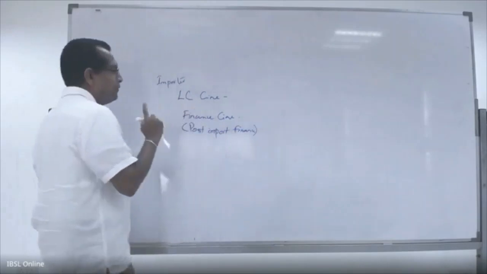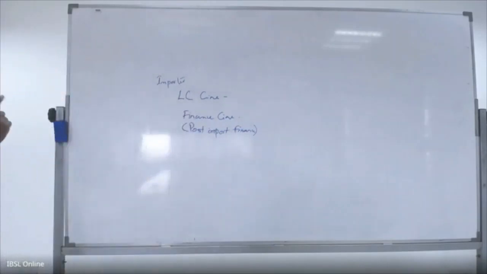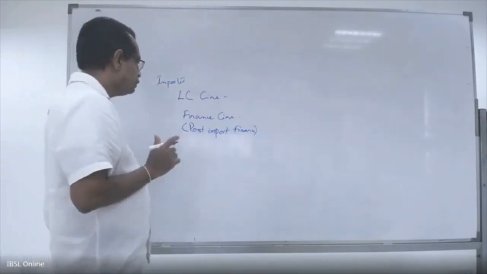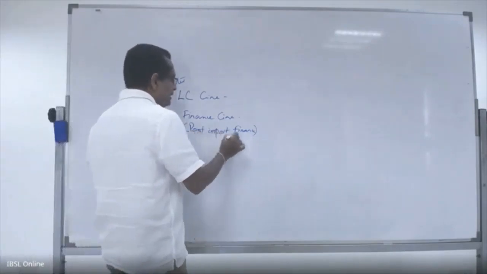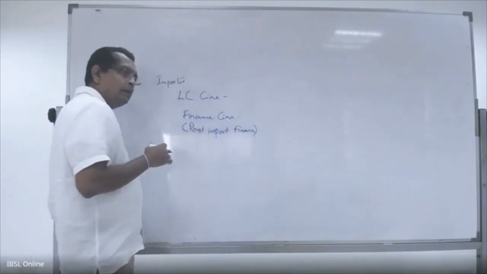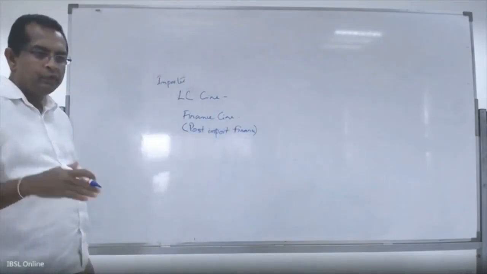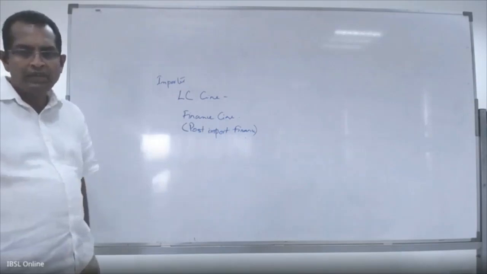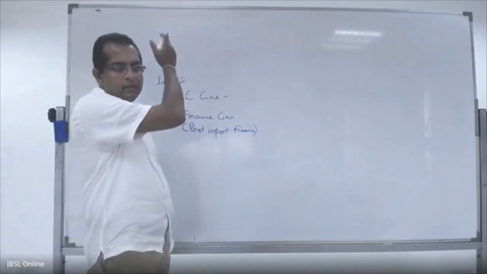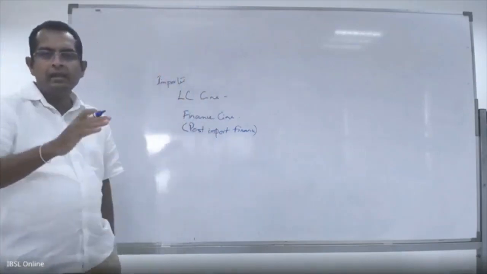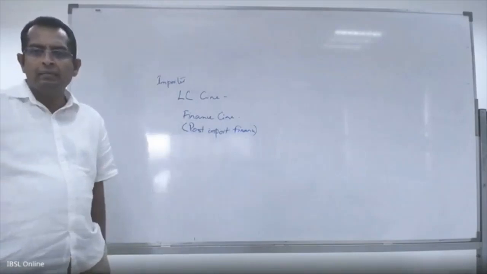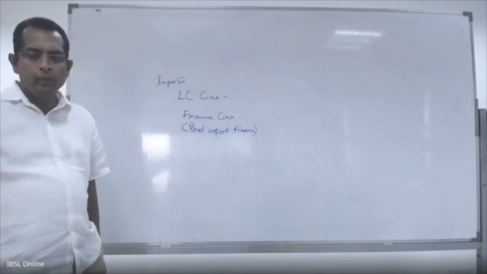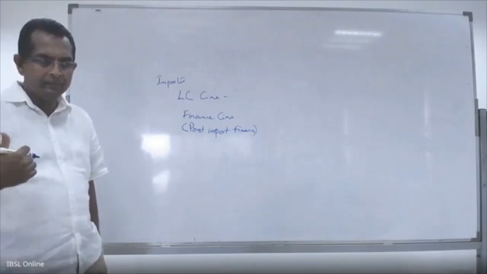Different banks use different terminology for this finance line, right? So it is a short-term facility given to the customer to settle the LC. Using short-term facility, we can send the money to the exporter and the bank will give some time for the importer to settle the bank.